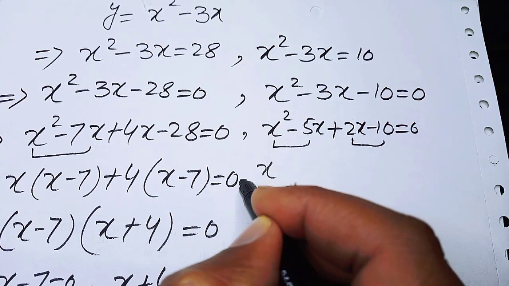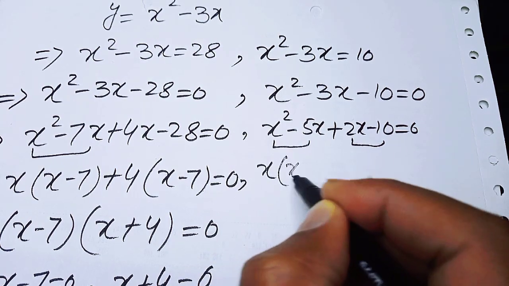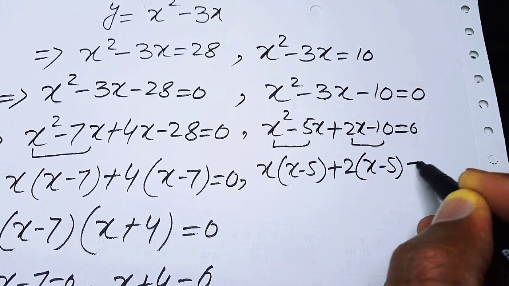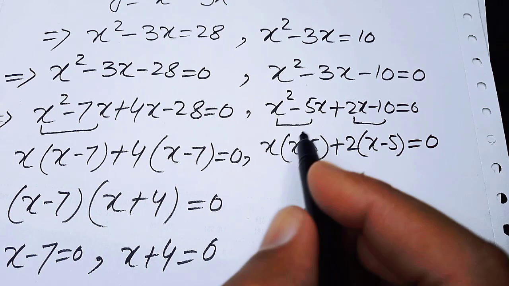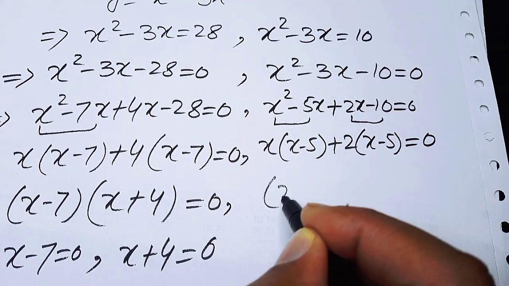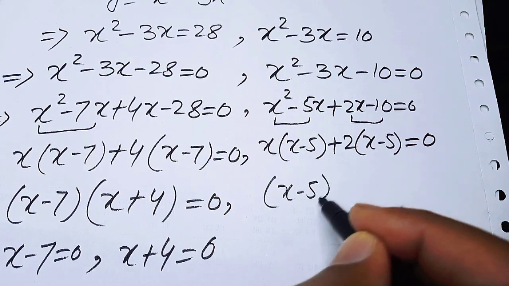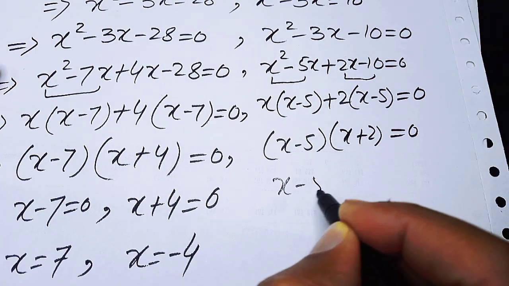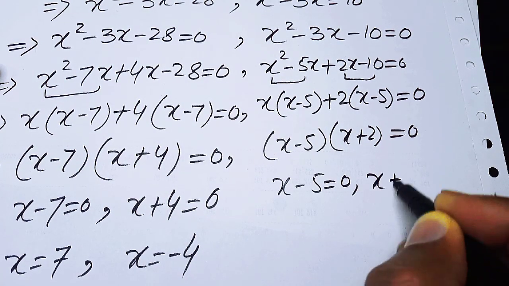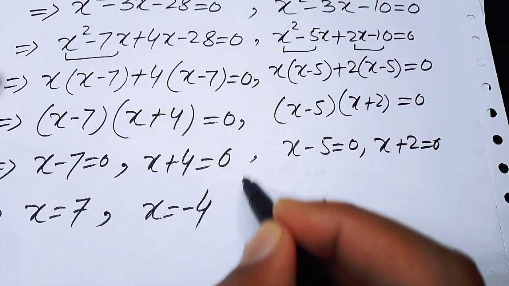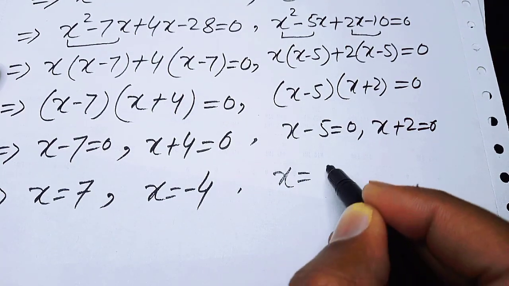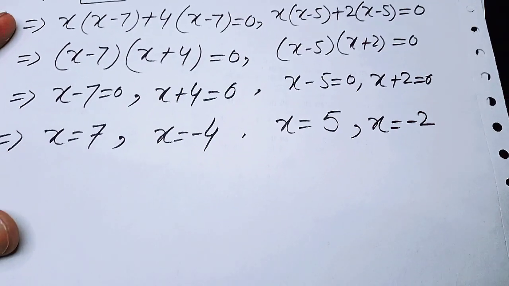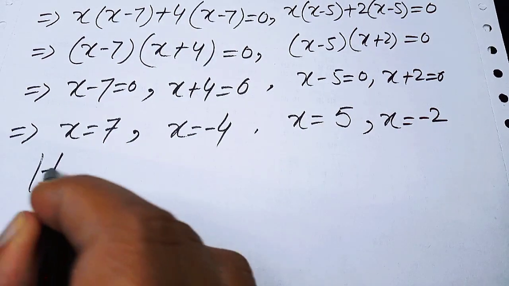So here we obtain x into x minus 5, plus here we take common 2, we get x minus 5 is equal to 0. And now we can take common x minus 5 and we obtain x plus 2 is equal to 0. And here we have two cases, x minus 5 equals 0 and x plus 2 equals 0. And here we get x is equal to 5 and x is equal to -2.